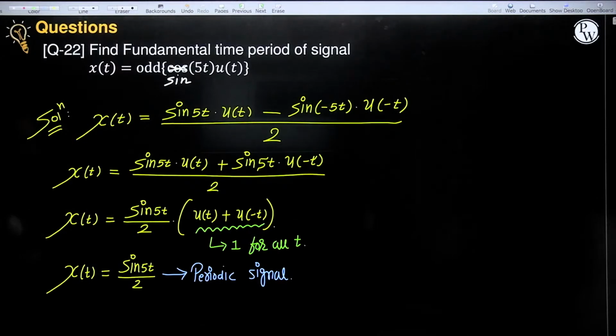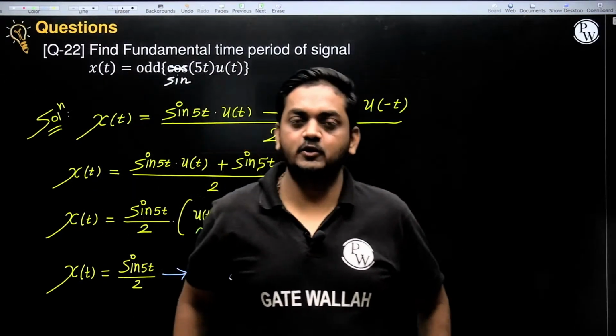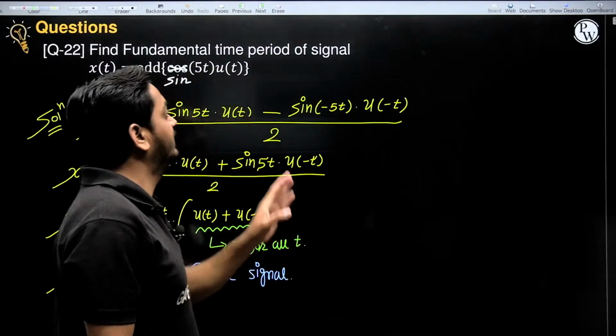Yes, u of t plus u of minus t is 1. That's why the given signal x of t is periodic. Is it clear?